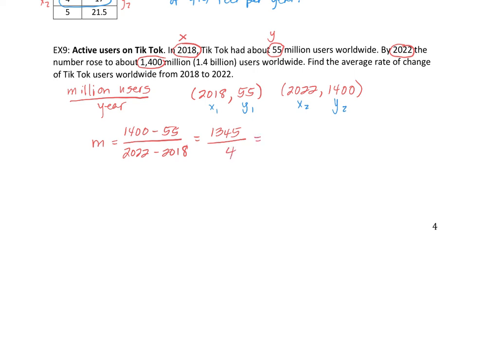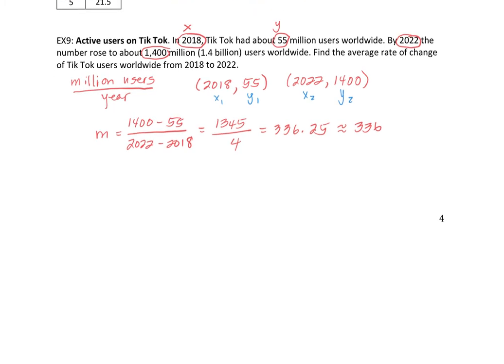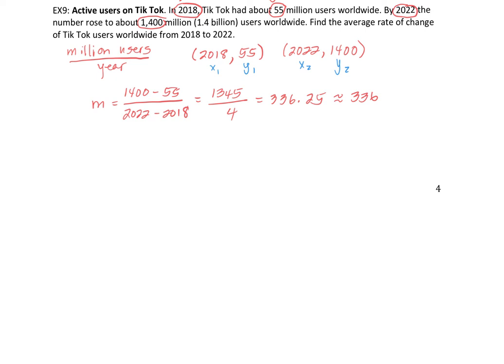That's going to be equal to 336.25. So why don't I just round that out to about 336? And now remember, that's millions of users. So when we think about interpreting this, it's millions of users per year.